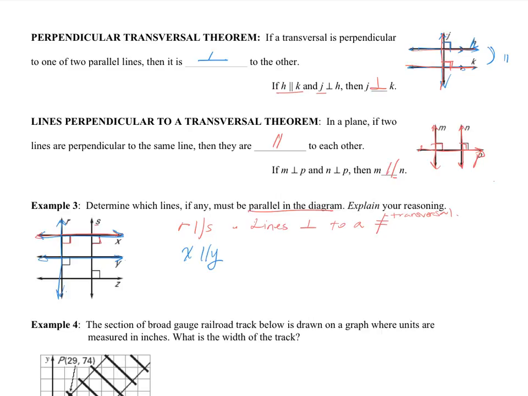And then we can also see that line X and line Z are perpendicular to line S. So line X is also parallel to line Z by the same theorem.